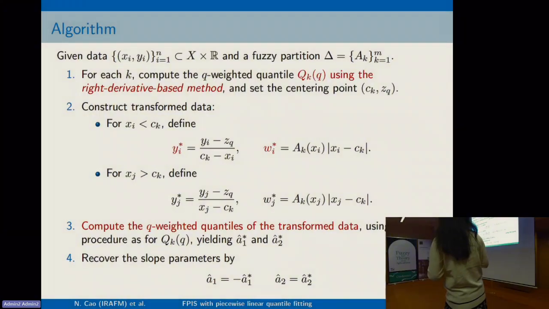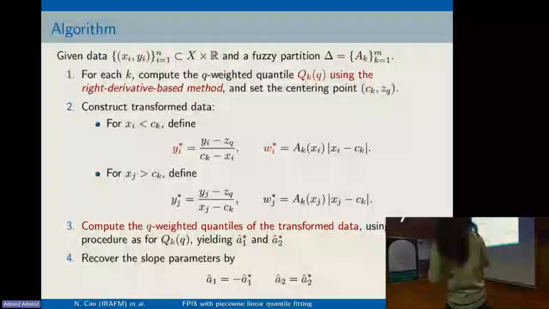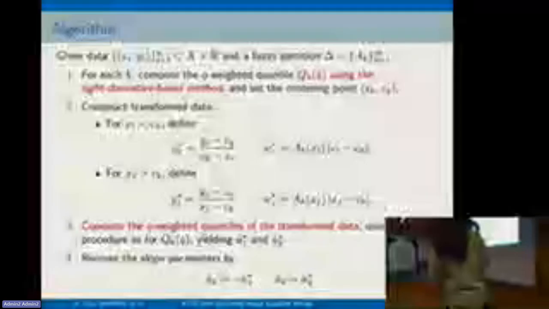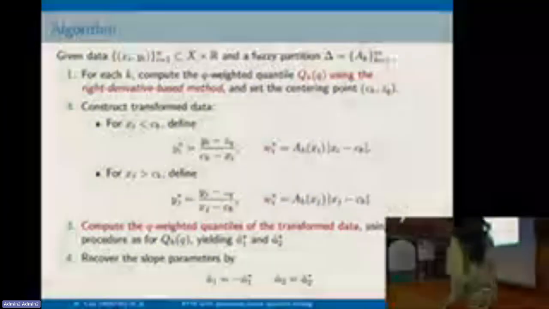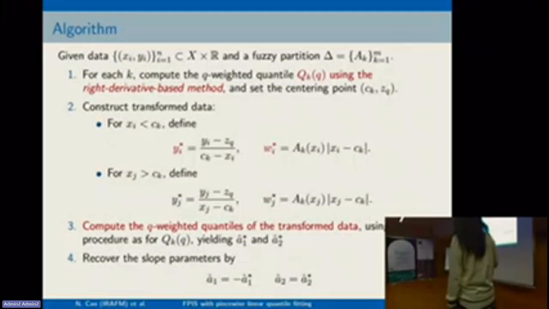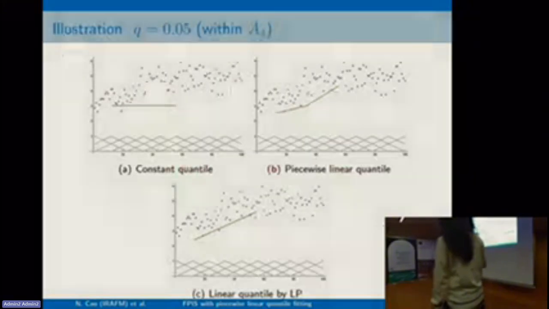After we obtain the transformed data, we apply again the process to compute the weighted quantile constant. We apply it to the transformed data and obtain the right slope, and for the left side we just take the opposite. This result will minimize the objective function from before. This is the process we do.